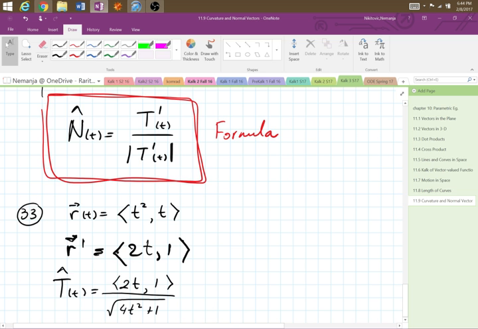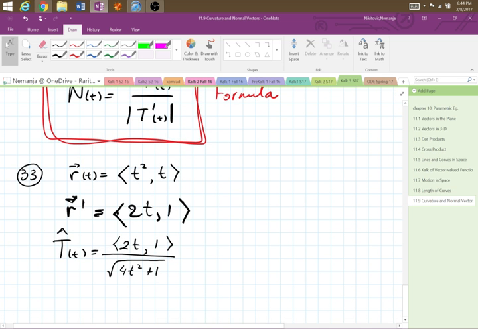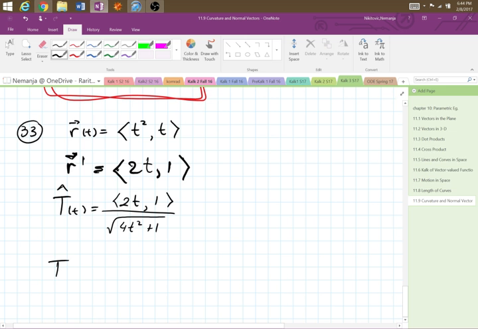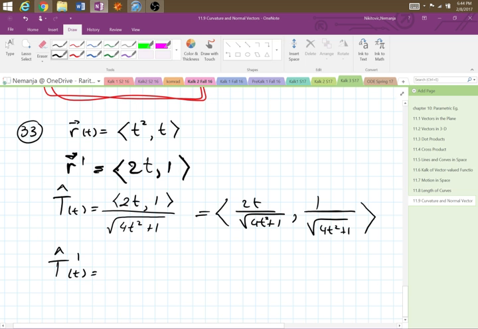Good. Now what? These wonderful 2D examples, right? So, what now?